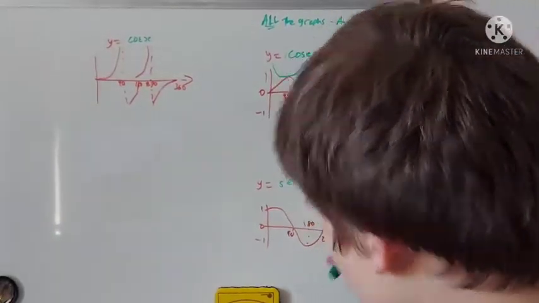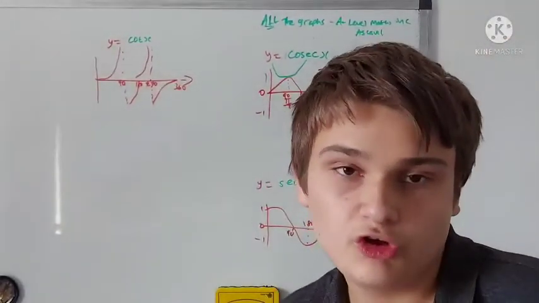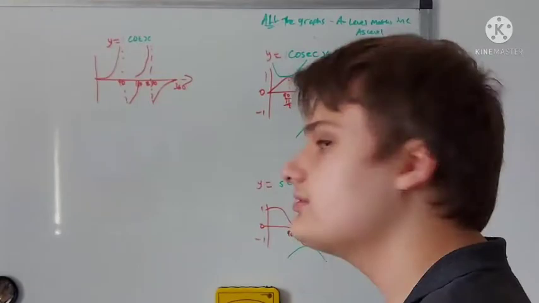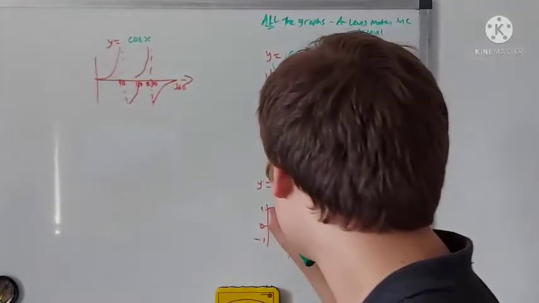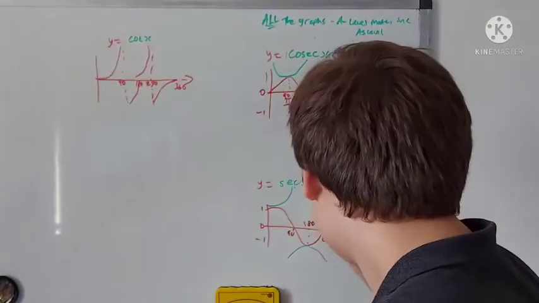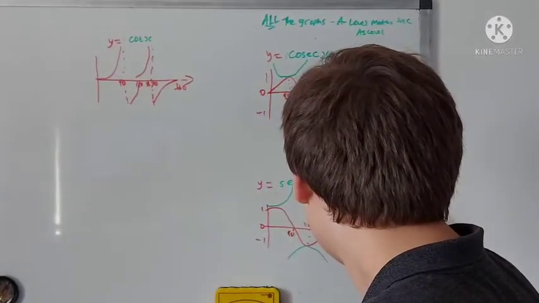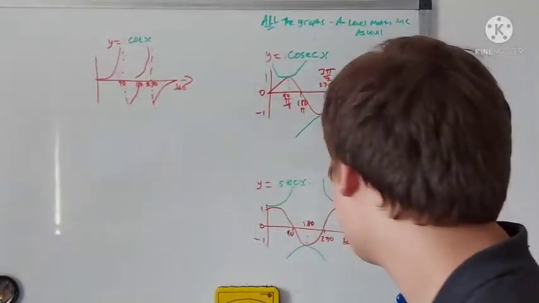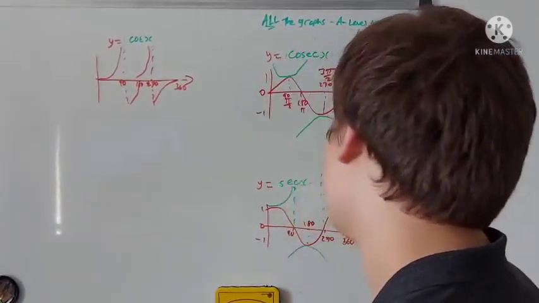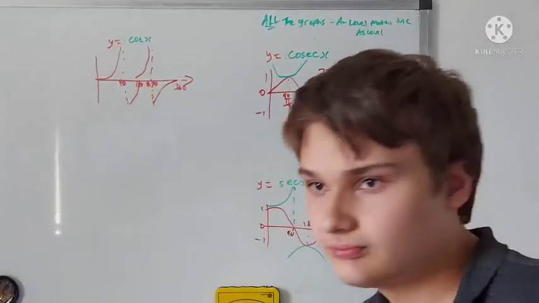For sec, so sec is 1 over cos, so we have it here. Even cheekier, it goes the other way, up there, and to make it even more harder, it'll go like that, honestly. It'll extend as well.